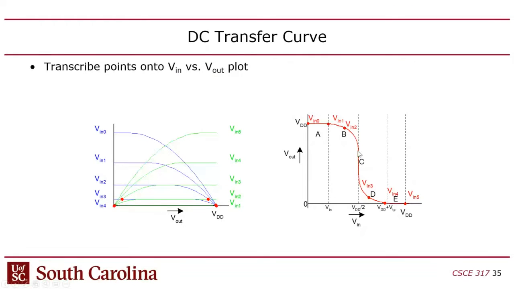What you end up with is a curve that will plot each value of V in to a corresponding value of V out. So for each one of the V ins, you're looking for the intersection point that will give you the corresponding V out.